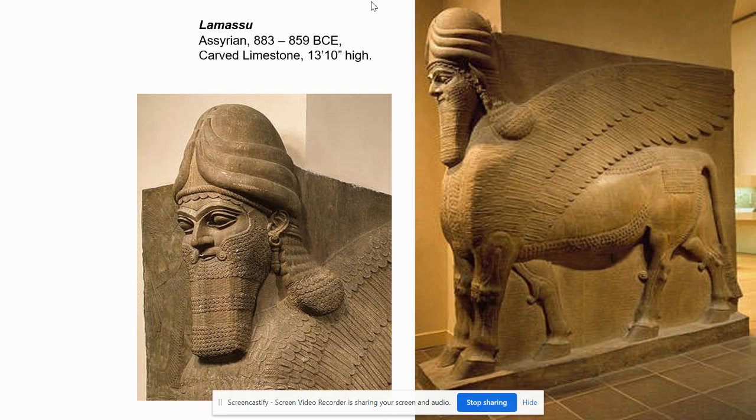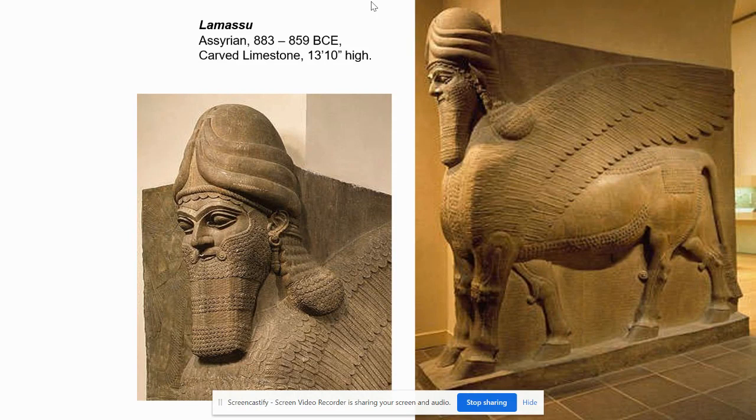Now, the fun fact about these Assyrian lamasu, as opposed to the Persian ones, is if you look at how many legs this lamasu has. How many does it have? It has five. So from the front, this lamasu would have been seen as standing on its front legs.